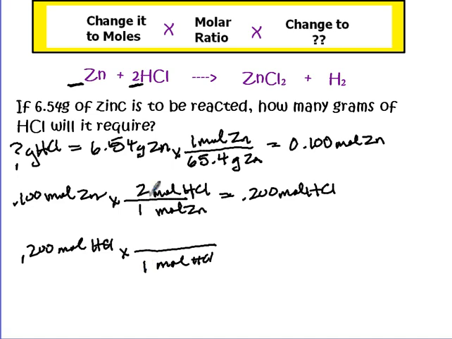That we use in the molar ratio, but here we want to use 1 mole of hydrochloric acid, because 1 mole of hydrochloric acid makes it so that we can convert this to this 36.5 grams. I got this from the periodic table. Okay, crunch that out, and the answer here is 7.30 grams of hydrochloric acid.